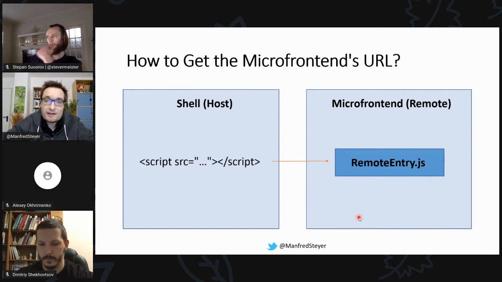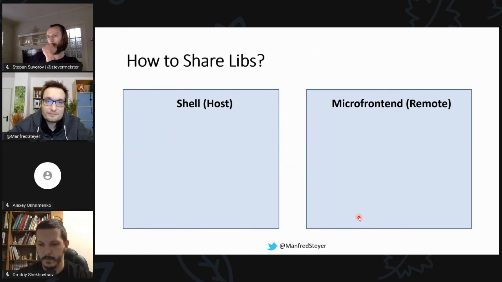And this file with the metadata should be loaded into the shell upfront. You can do it with a script tag. You can also do it in a more dynamic way by calling a function at runtime. This guarantees that the shell knows about the remote, that the shell knows about its URL and about other stuff it needs to consider when loading it.